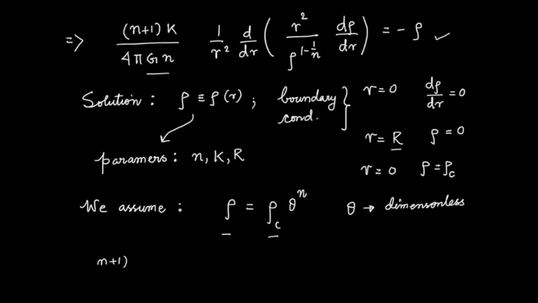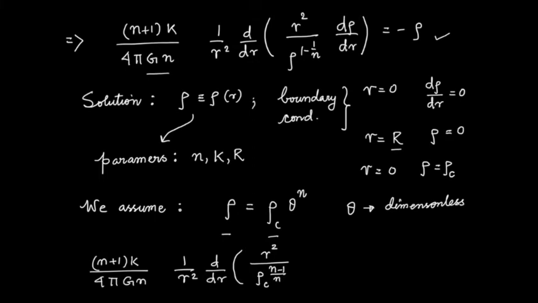So let's do that. Rho to the power 1 minus 1 by n will be rho c to the power n minus 1 by n, and then theta to the power n minus 1 by n, which is essentially theta to the power n minus 1, because I have a power n over here, theta to the power n over here.